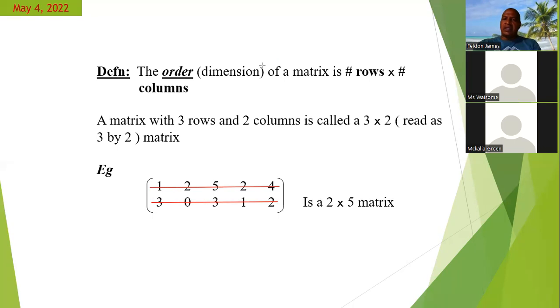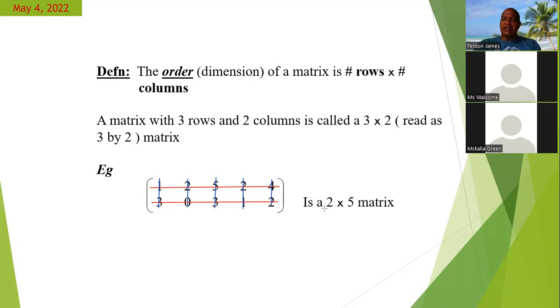Now, if we run a line going downwards, we will have 1 column, 2 columns, 3 columns, 4 columns, 5 columns.